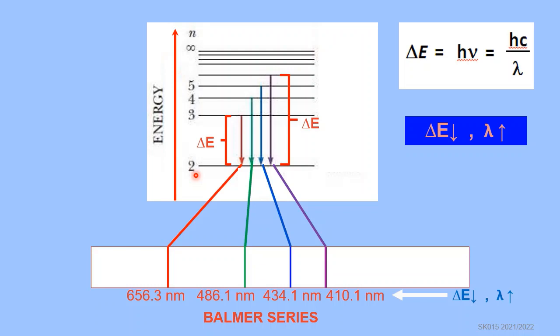Jadi dia akan start dengan n equals 2, 3, 4, 5 up until infinity. And kalau awak perasan, beza antara each energy level ni berbeza tau, dia tak sama. So awak tengok kalau beza antara 2 dengan 3, dia besar. Tapi kalau 3 dengan 4 makin kecil, 4, 5 makin kecil, 5, 6 makin kecil, sampai lah ke infinity makin kecil, makin kecil.